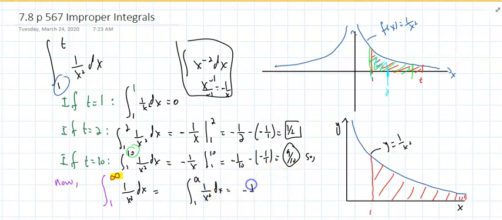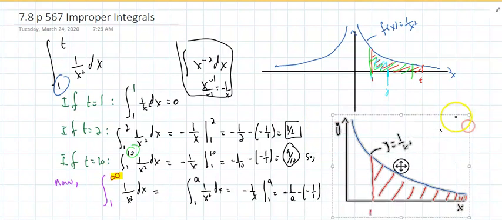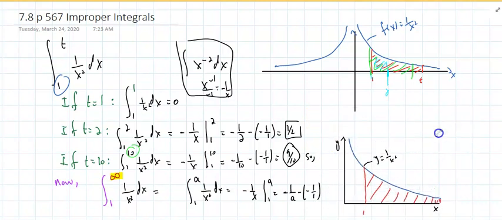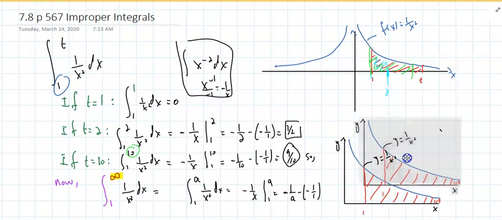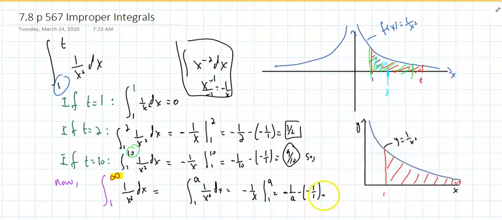What do you get? Well, that's going to be negative 1 over x evaluated from 1 to a. That is negative 1 over a minus a negative 1 over 1. So altogether, this is simply negative 1 over a plus 1.